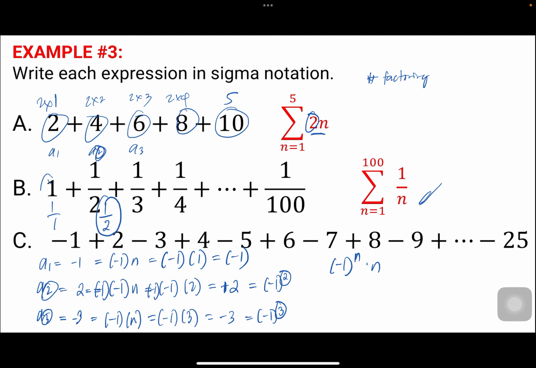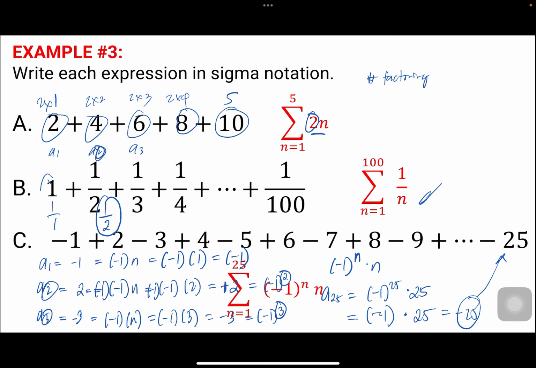Pag n natin ay odd, negative pa rin yung makukuha natin na value. Pag yung n natin ay even, magiging positive na yung value natin. Okay? To check, try natin sa 25. So, magiging negative 1 raised to 25 times 25. 25 is odd, so negative 1 pa rin. Times 25 is still negative 25, which is similar sa ating sequence.